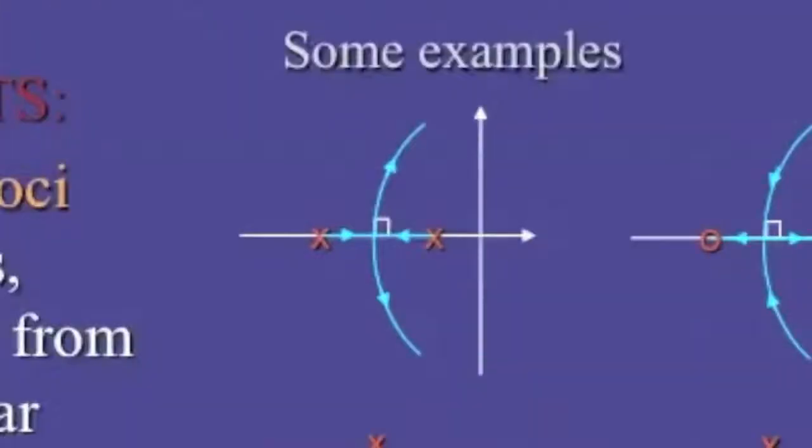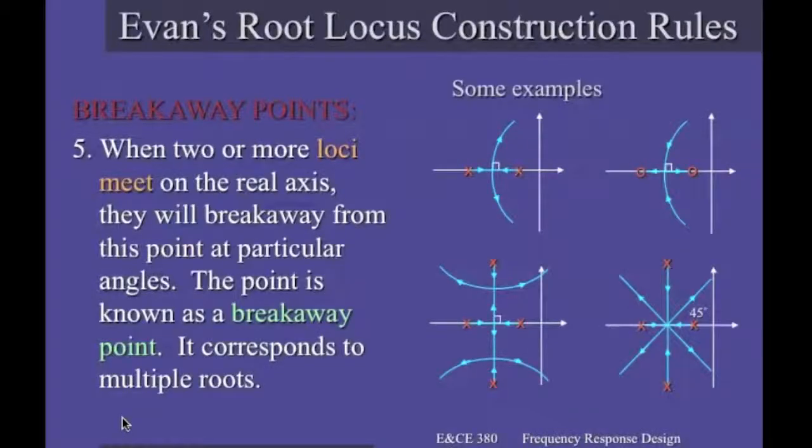Look here, the leftmost upper example. We have 2 poles on the real axis, as represented by crosses. The right part of the real axis is not a section of the root locus.